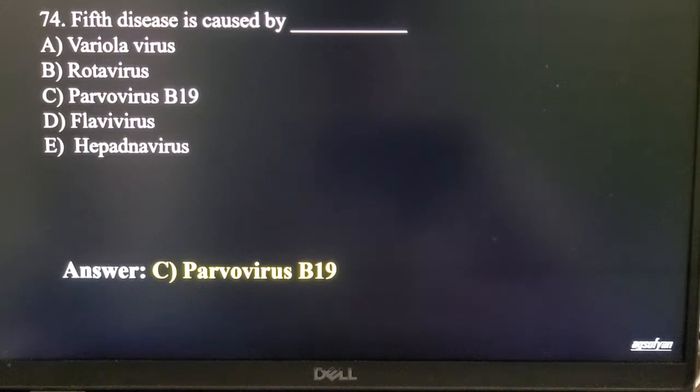Especially for kids or children. A kid that has this parvovirus will have reddish cheeks, like he or she just got slapped by an adult. Therefore it's called fifth disease or slapped cheek disease.